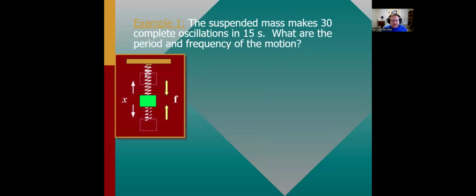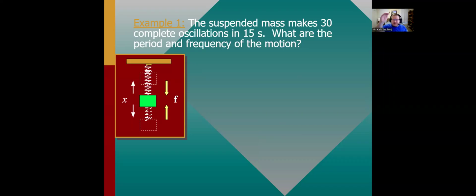So, for example, let's say a suspended mass. One thing, I can't demo it here. For a complete oscillation, it's not enough for this mass to go just up or down. Y'all can see this on my video. One oscillation returns to the starting point. So up and back down, that's an oscillation.